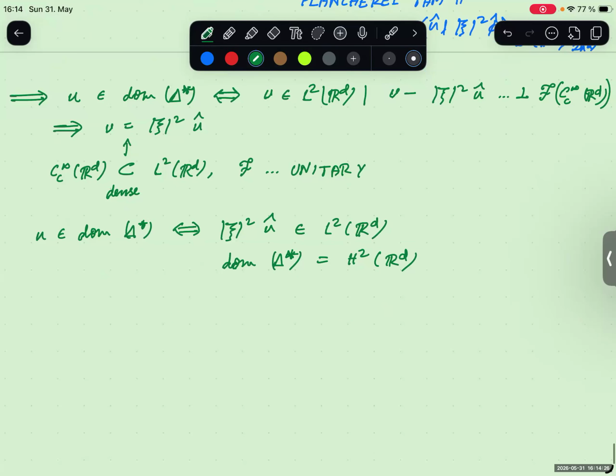Now, observe, we have just proved that the Laplacian on the Sobolev space is self-adjoint.